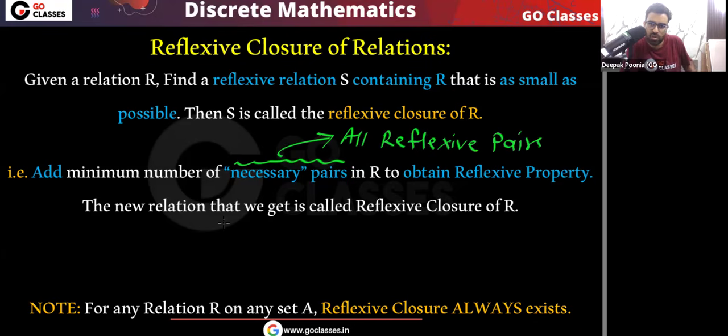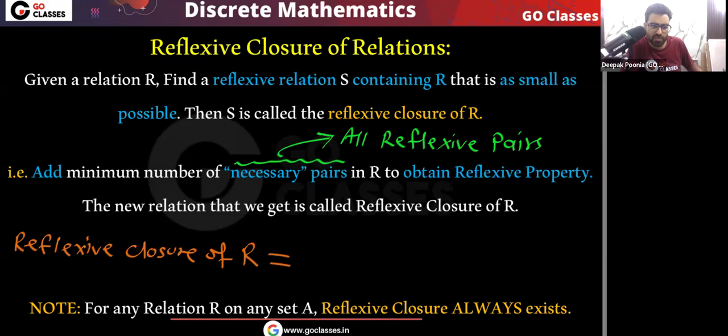that you already know. So basically, for any relation R, what will be the reflexive closure of R? The reflexive closure of R will be equal to R plus all reflexive pairs. Do you agree?